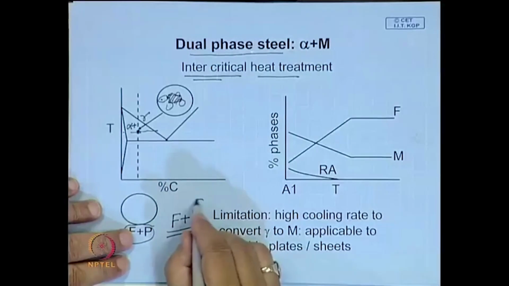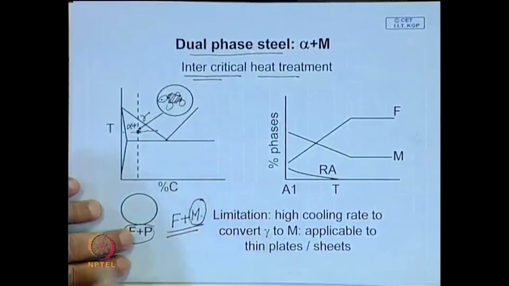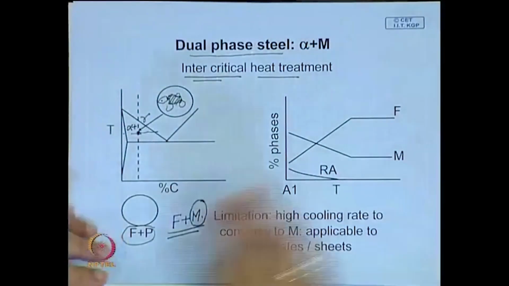This martensite will have a relatively higher carbon content, and this method is being exploited. This is a potential method which can be exploited to develop a steel which has a good combination of strength and ductility. To understand this, I think we have to spend a little more time. Maybe we will talk about it in the next class.